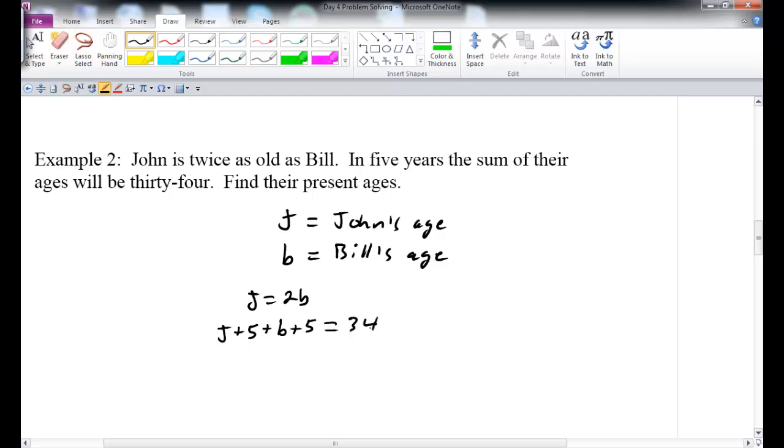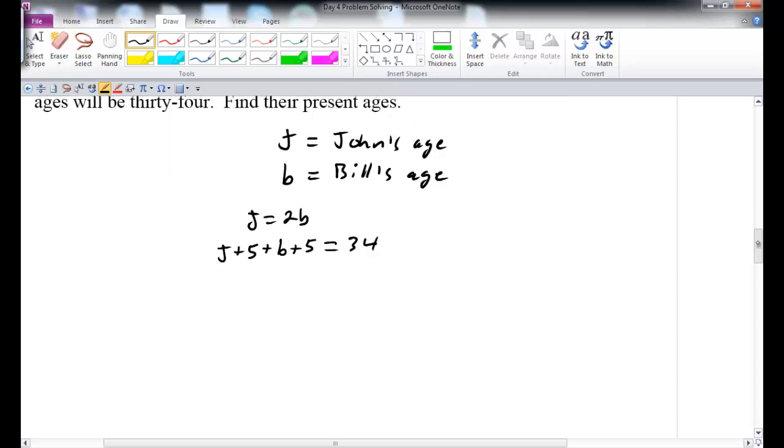Alright, now we can substitute from one equation to the other and have an equation with just one variable in it to solve. Since J equals 2B, let's substitute that in instead of J. 2B plus 5 plus B plus 5 equals 34.